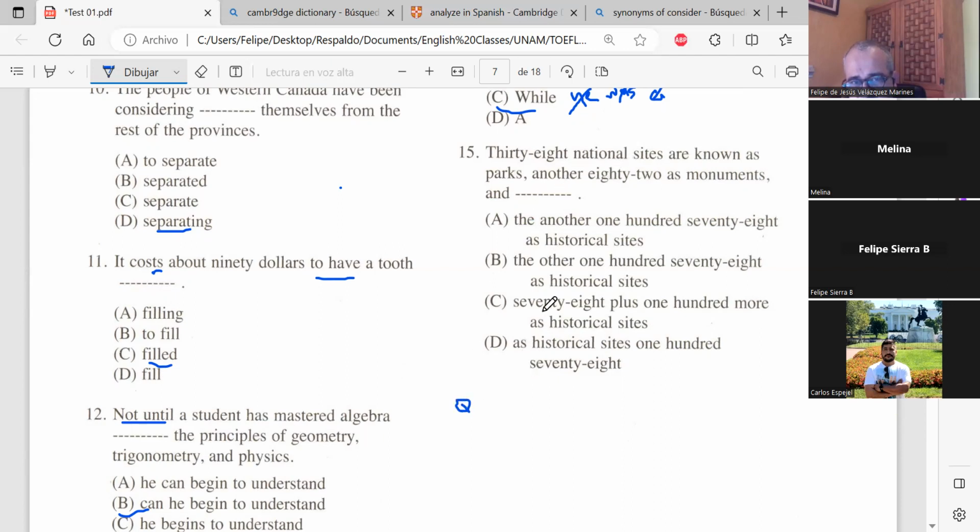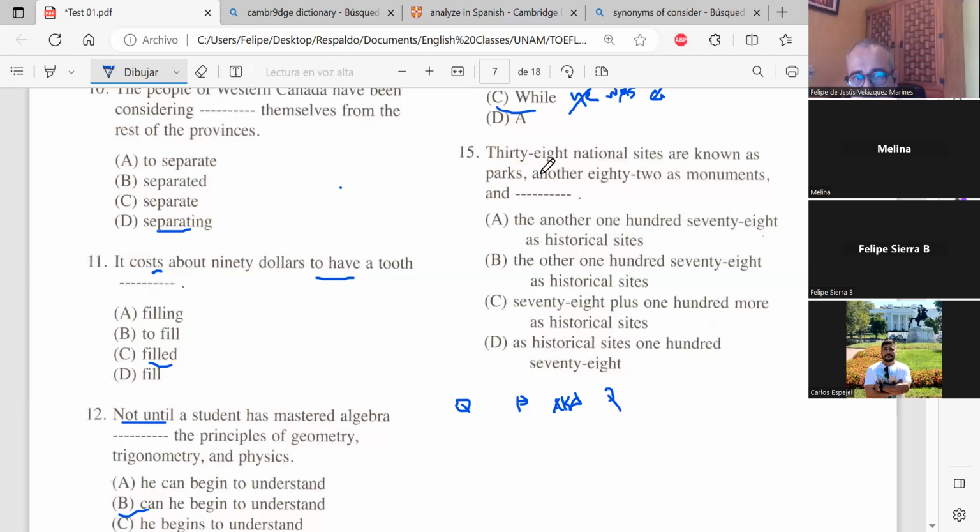We have national sites, the place, and we have are known as. So quantity, place, are known as, and then place. This is the parallel structure. 38 national sites are known as parks.